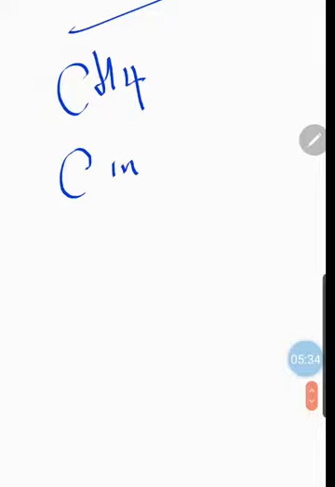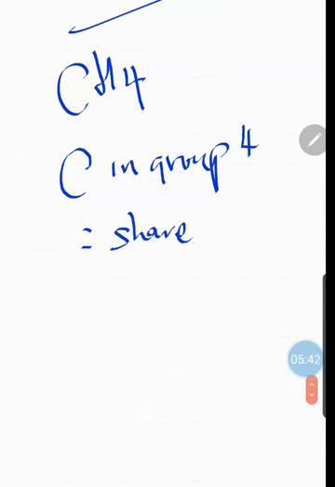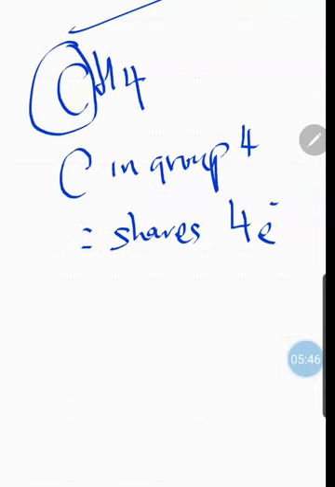The first one is CH4. Carbon is in group 4. Carbon donates or shares 4 electrons. Carbon is my central atom in this molecule. The reason it is central is because 4 hydrogens are bonded to it.